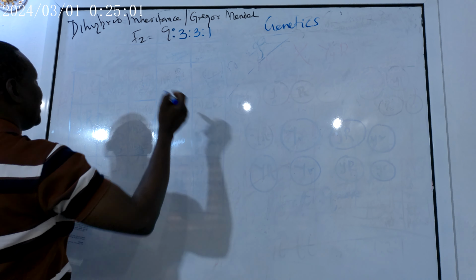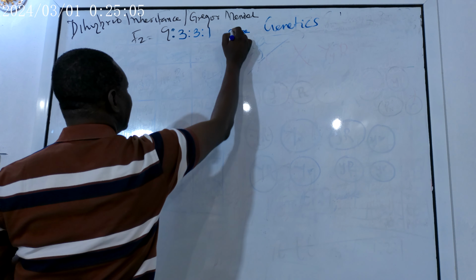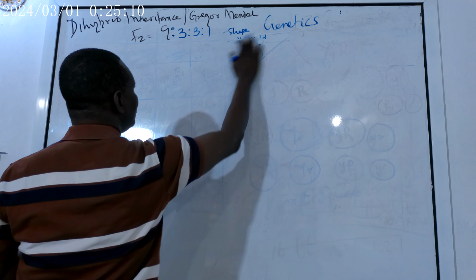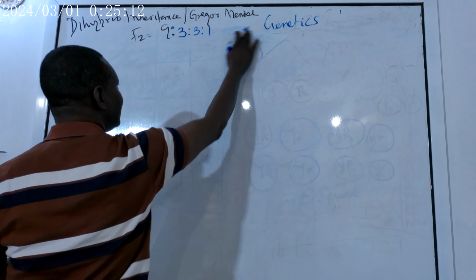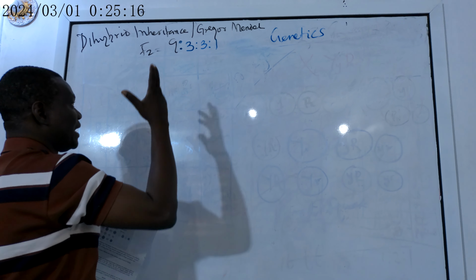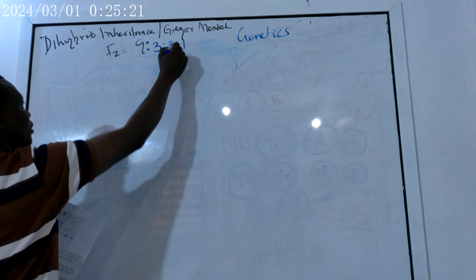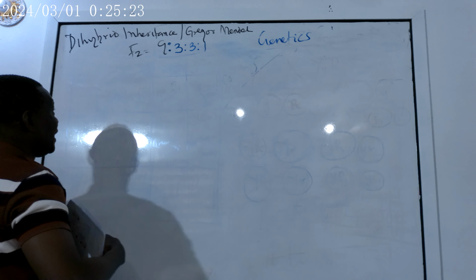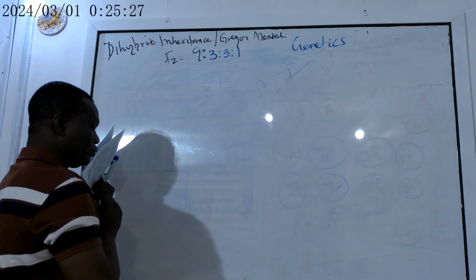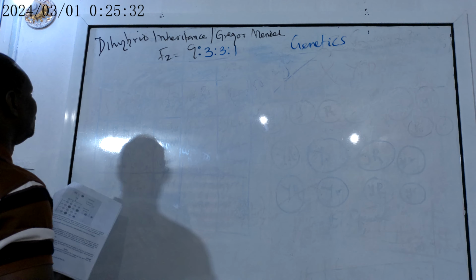Just like we are studying the shape and the height together, you know that these are two independent traits of any organism. So the height as well as the shape. So let's see how Mendel was able to come up with the F2 to the 9:3:3:1 ratio. This is at the genotypic level.